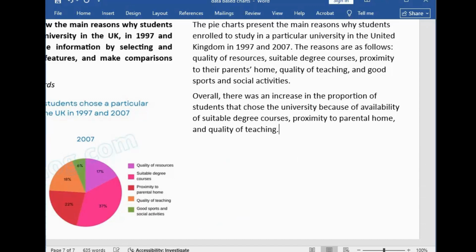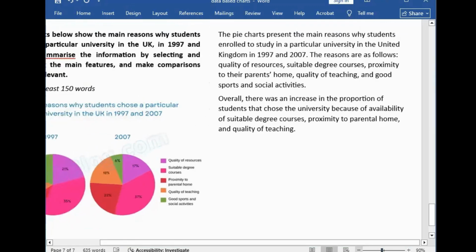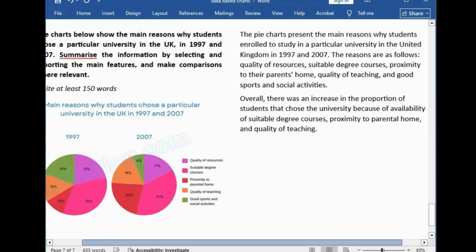Can you see the way I've written my sentence? Look at it closely. There was an increase in the proportion of students that chose the university because of what? And then I mentioned these things here.